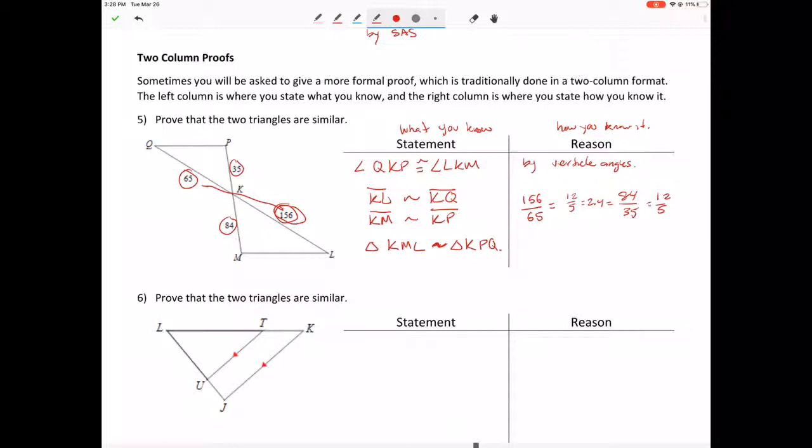And like again, these need to be the corresponding sides. So KM corresponds to KP, and ML corresponds to PQ, and so forth. All right, so make sure you have those in order.